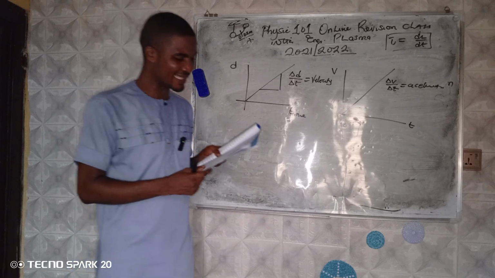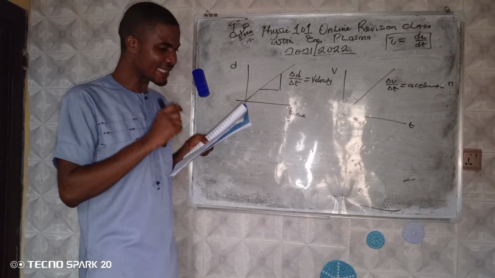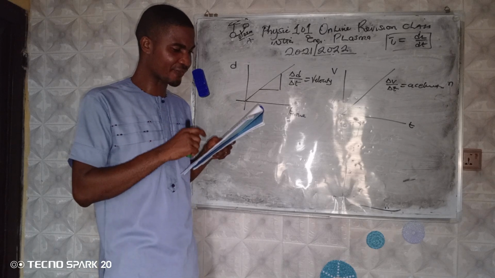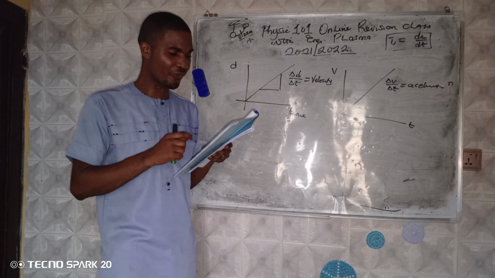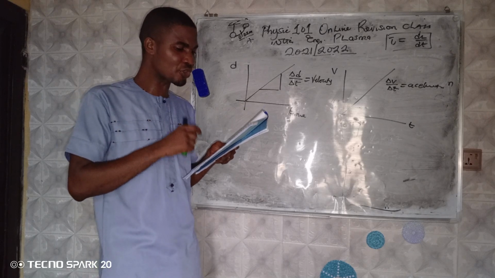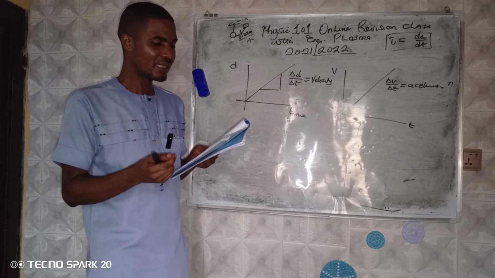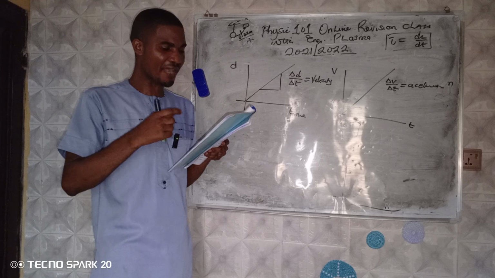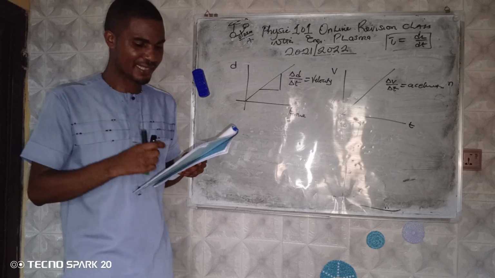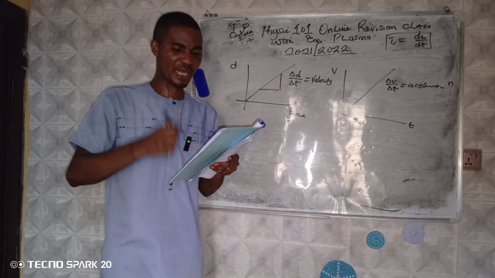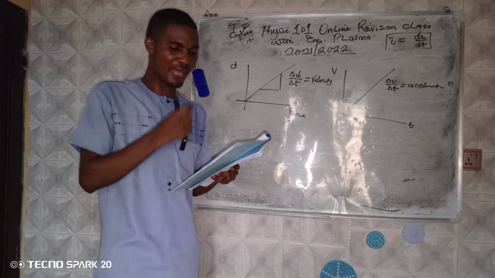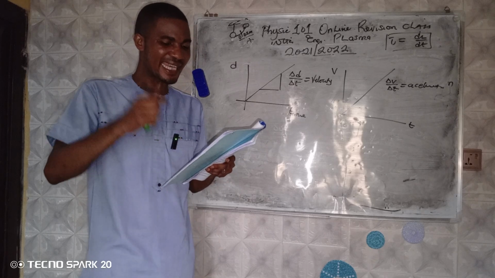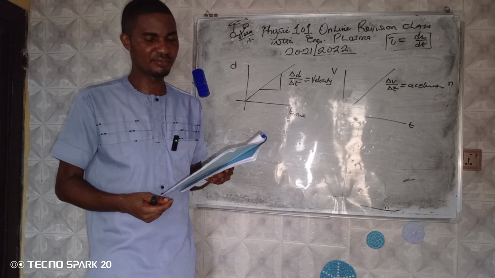The last one is radiation. This is the only process of heat transfer that travels through a vacuum. Radiation is defined as the process by which heat is transmitted from one body to another without heating the intervening medium.